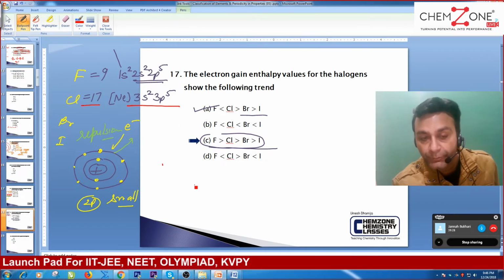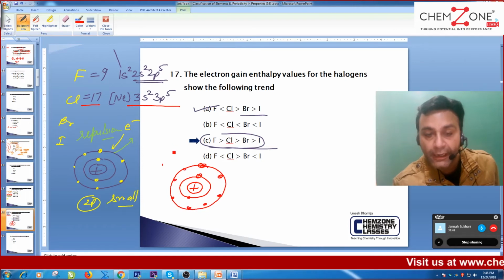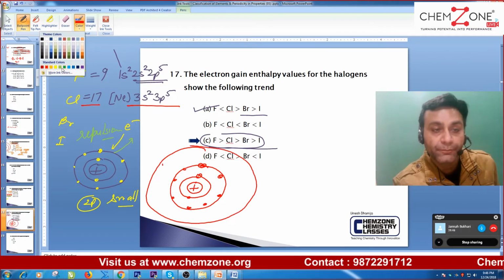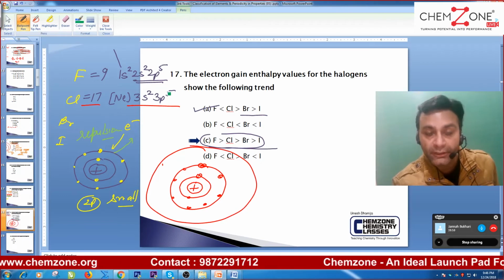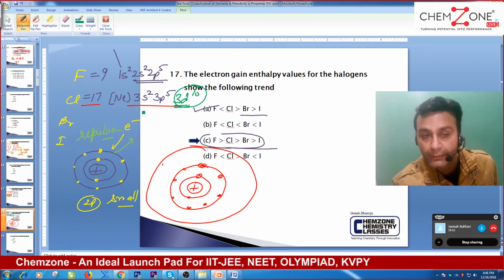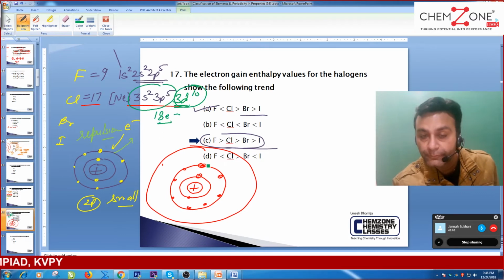So if I compare it with chlorine now, see, chlorine atomic number is 17. This is the third shell, and the 1s2 is complete here, right? The second shell has 8 electrons, complete: 1, 2, 3, 4, 5, 6, 7, 8. And the third shell, can you tell me how many electrons can be accommodated? Not another 8. The 3d10 electrons can also be accommodated here. So 18, it means total electrons can be 18 here, but only 7 are filled, and they are all scattered: 1, 2, 3, 4, 5, 6, 7 only.